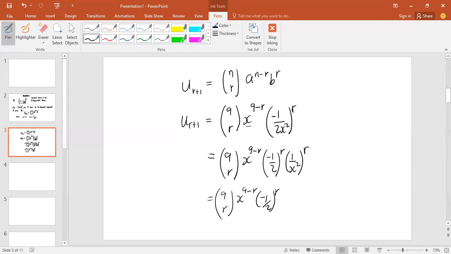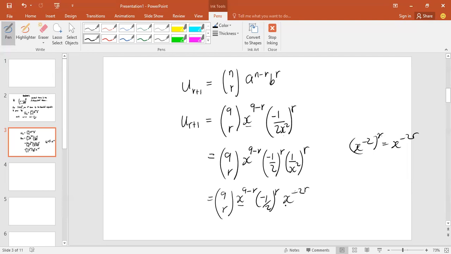When I take this x in the numerator, the power becomes negative. So this will turn out to be x to the power negative 2, then the r outside. So it will be negative 2 times r, which gives negative 2r, and that's what we have here. Because of the reciprocal 1 over, when you take it in the numerator, the power becomes negative.